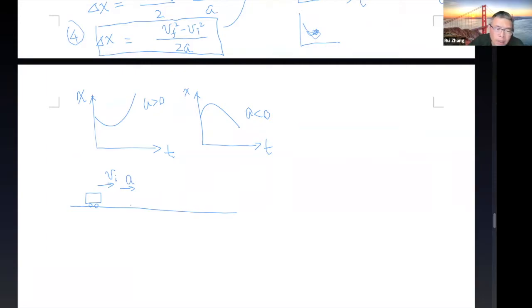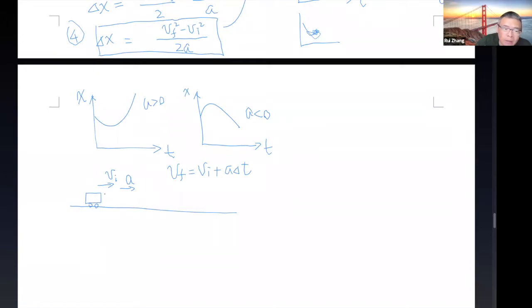Because velocity is going to the right, the car is going to move to the right. Because acceleration is in the same direction as velocity, you have VF equal to VI plus A delta T. So as time increases, the final velocity is going to get larger and larger. What you observe is a car going to the right, but speeding up all the way.